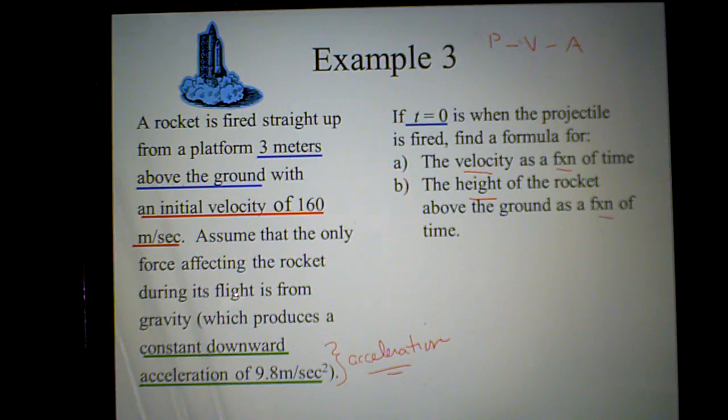So, notice I've underlined things in blue that go with position. This is the position of the rocket. 3 meters above the ground at time equals 0. In red, I have velocity information. Initial velocity of 160 meters per second.